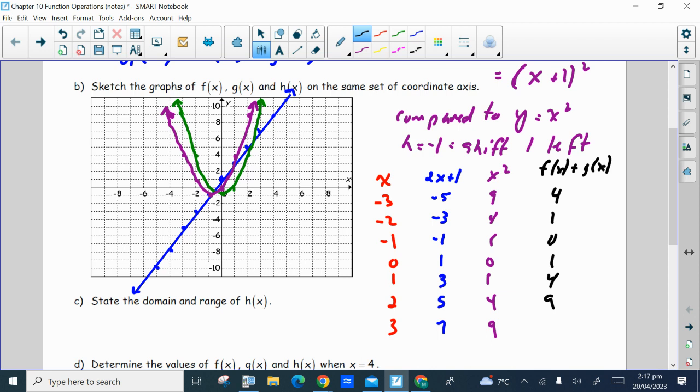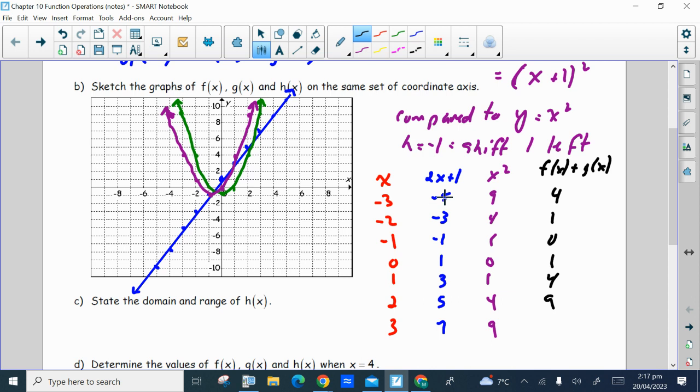And now, if you look at the y values from 2x plus 1 and x squared, and you compare them to the y values for f at x plus g at x, you should notice that the y values from f and g are added together to get the y value for h.